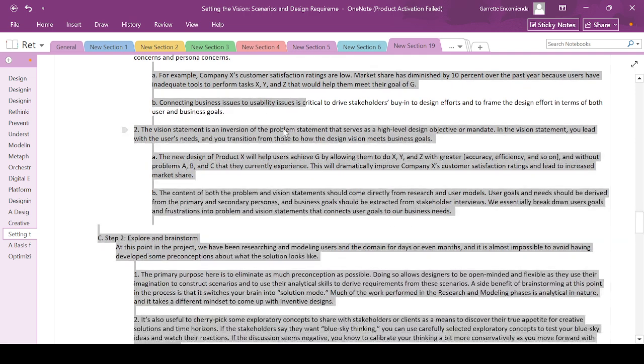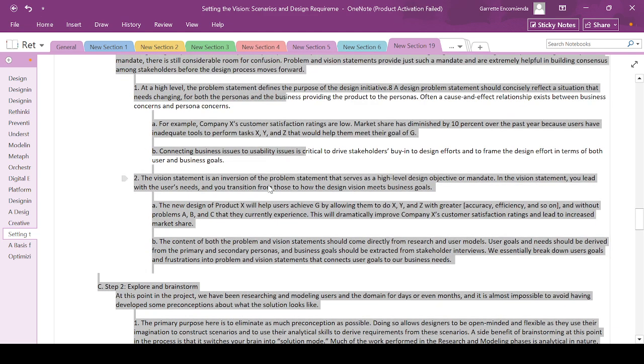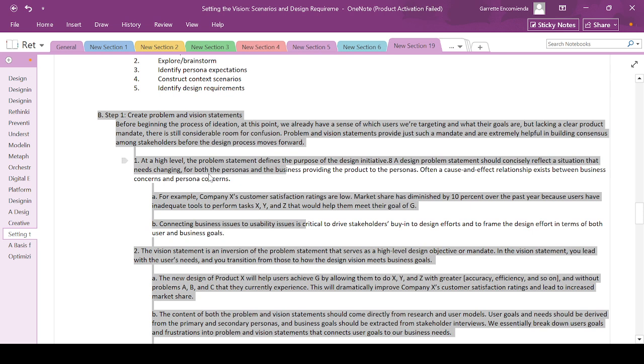Connecting business issues to usability issues is critical to drive stakeholders' buy-in to design efforts and to frame the design effort in terms of both user and business goals. So these are the key in connecting the user research to an actual concrete design change or transformation that will actually increase our revenue.